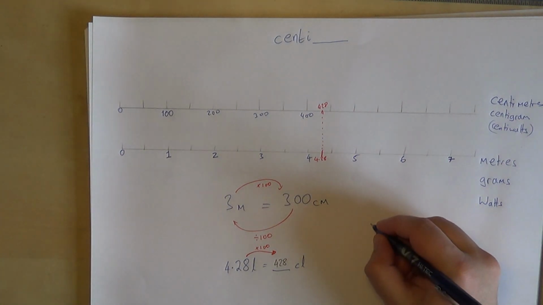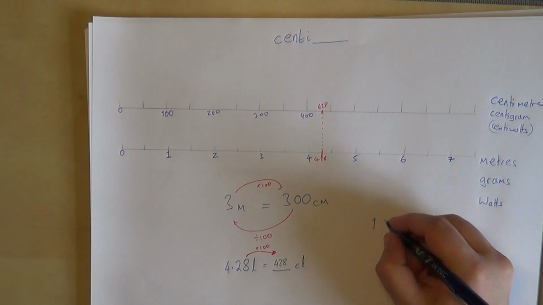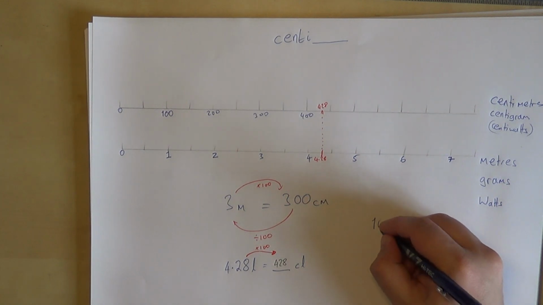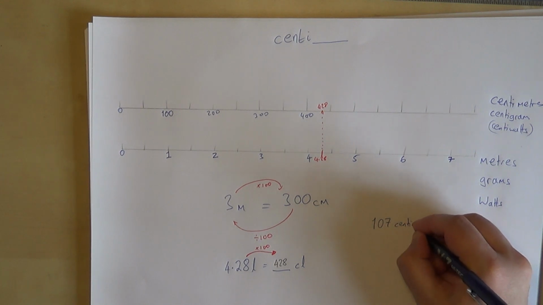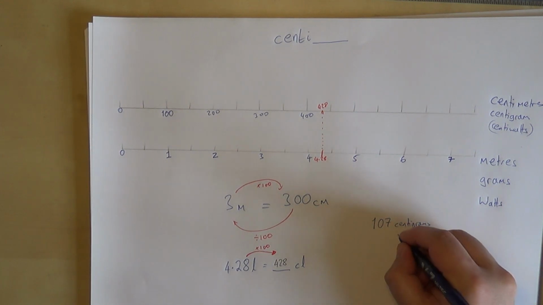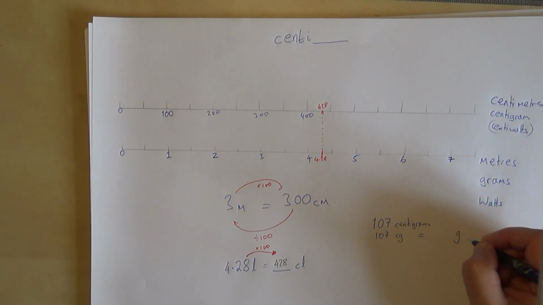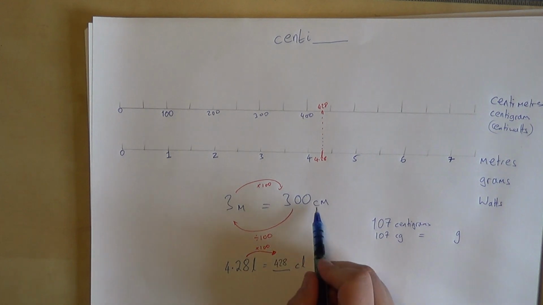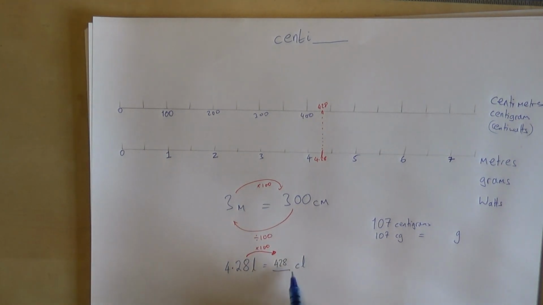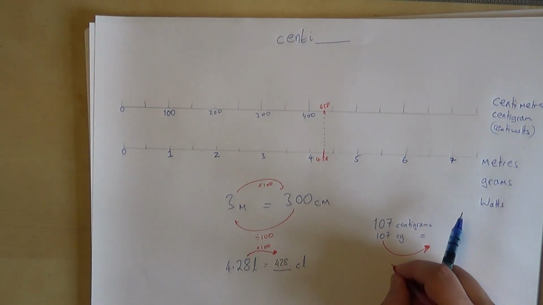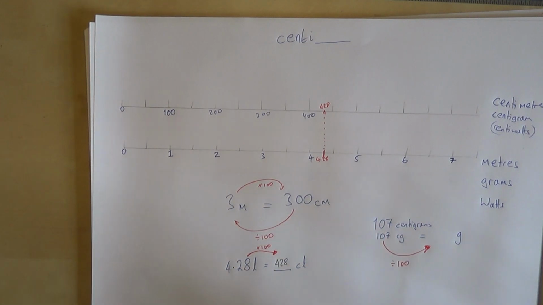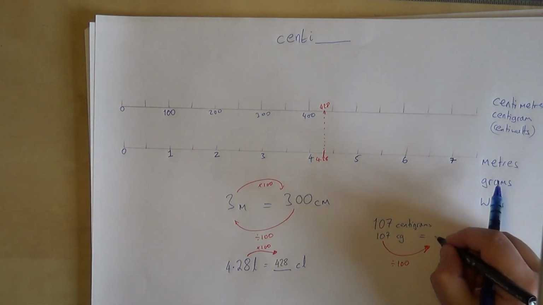Going the other way, why don't we use grams as we've had it already? Let's say something is 107 centigrams, which would probably be CG. What is that in grams? Well, to go from centi to standard, it's dividing by 100, because the standard one is larger, so not as many fit in. And that's an easy calculation because we know about our columns.